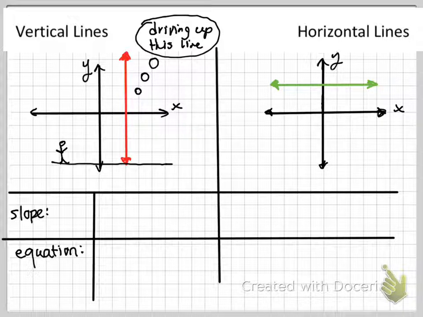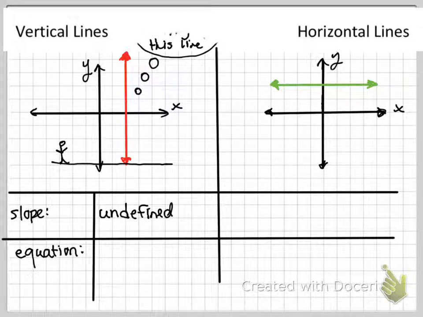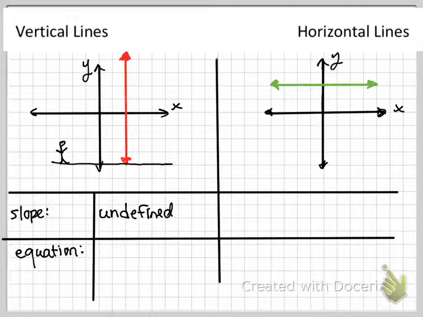So our slope is undefined. So how can we really prove to ourselves that this is undefined? Let's think about taking a few points from this line and actually finding the slope of this line using the slope equation.